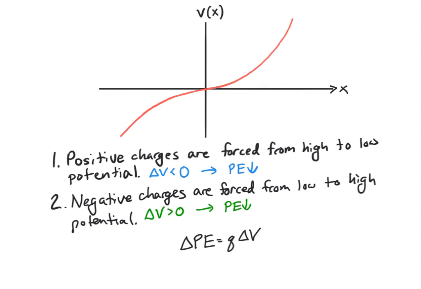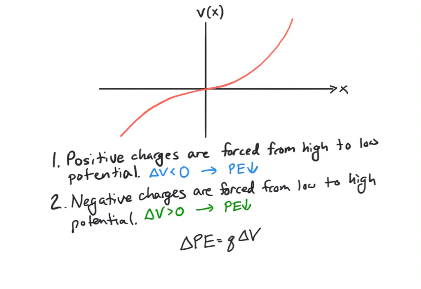One kind of heuristic way of thinking about what direction positive and negative charges will go is that positive charges will kind of roll down a curve of electric potential because they're pushed from high to low. So if they start out at a certain place, they will always end up experiencing a force pushing them downwards.